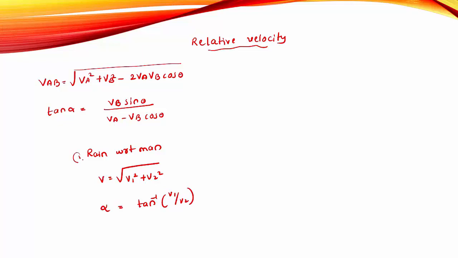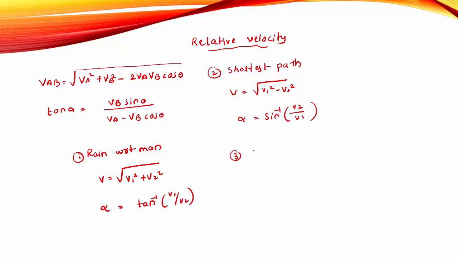The second example is crossing the river by the shortest path. The magnitude is square root of V1 square minus V2 square, and the direction is sine inverse of V2 divided by V1. Then we studied crossing the river in the shortest time and with the shortest displacement.